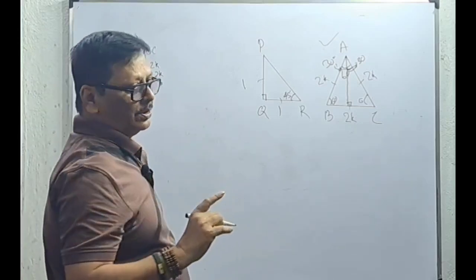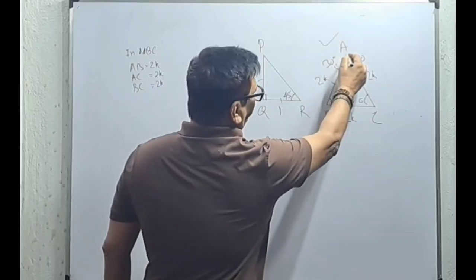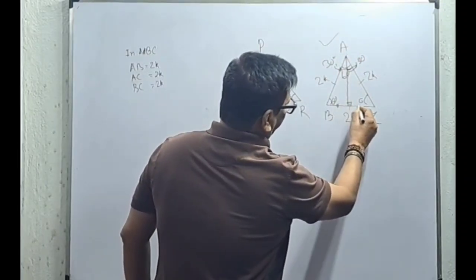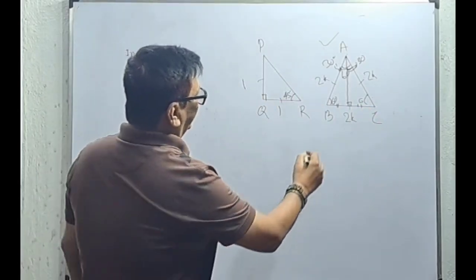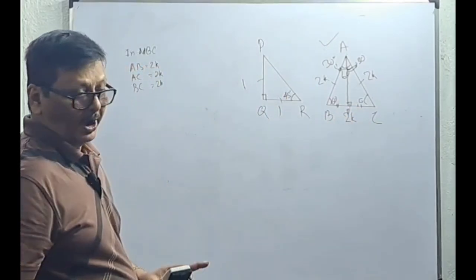Now the property of an equilateral triangle is, if you drop a perpendicular from the vertex on the opposite side, they are equally bisected. So this will be D. Right? BD will be 1K.